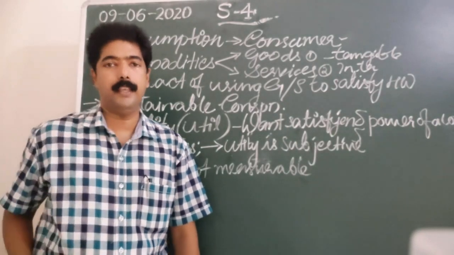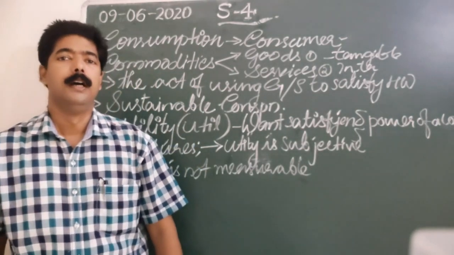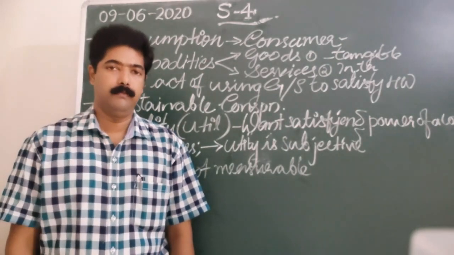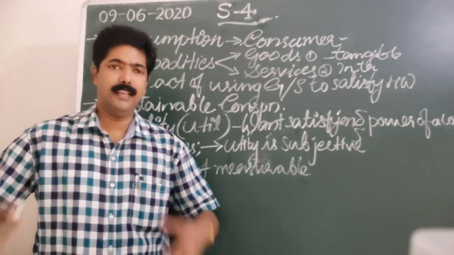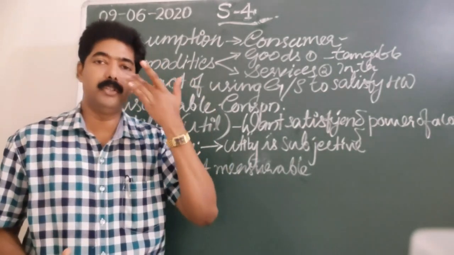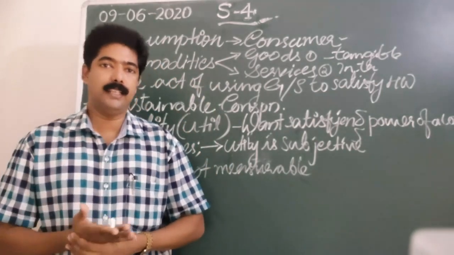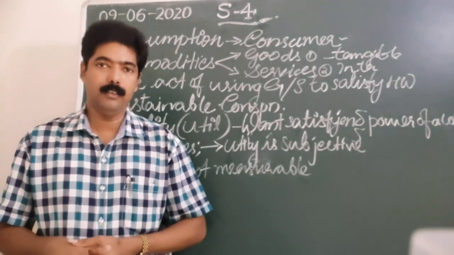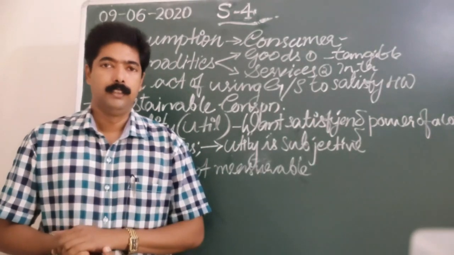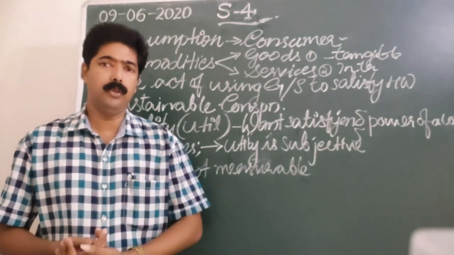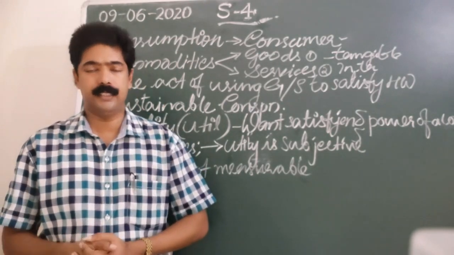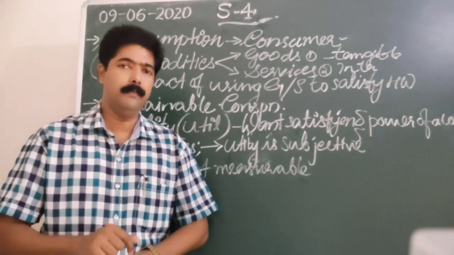Suppose you have spent 10,000 rupees to purchase one mobile. The latest mobile, 50,000 rupees you have spent to get a Japanese product, the latest iPhone. If somebody asks what your utility is from purchasing that product, what would you say?